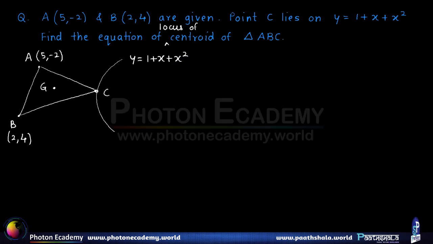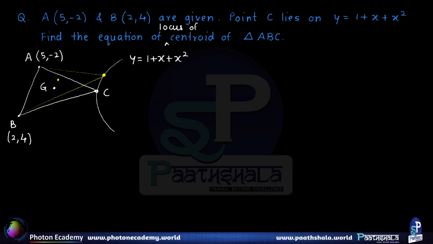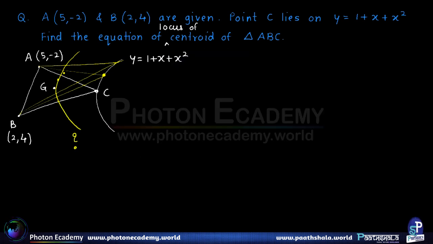That is because if you consider some other position of point C on the curve, it will create a different triangle with a different location of the centroid. For every such triangle, the centroid will keep moving. So we want to find the equation of the curve on which the centroids of all the triangles lie, right?